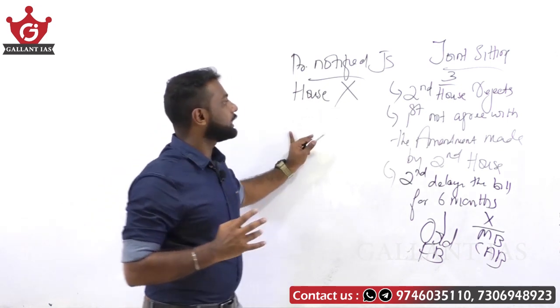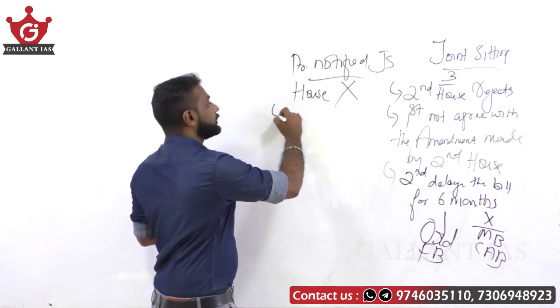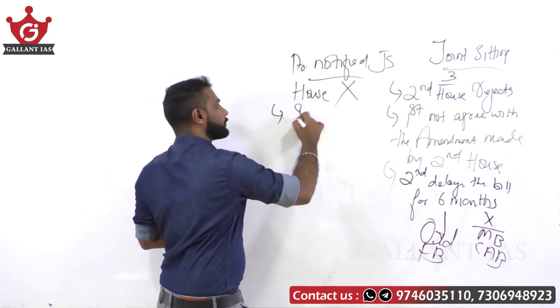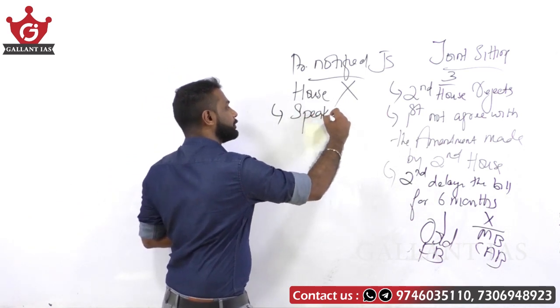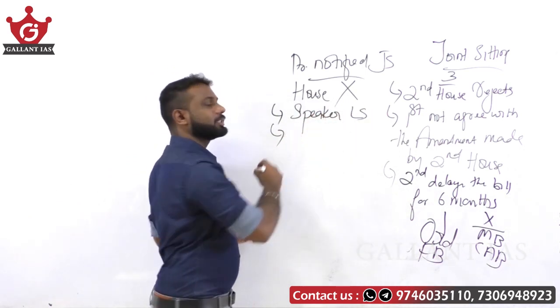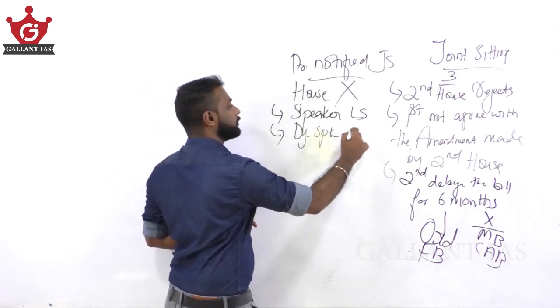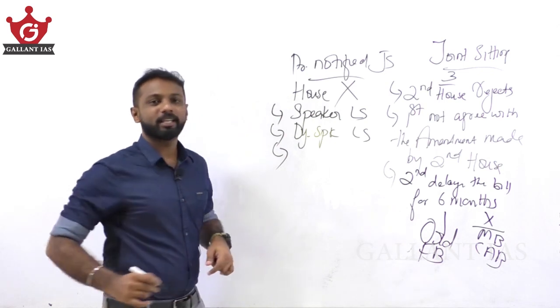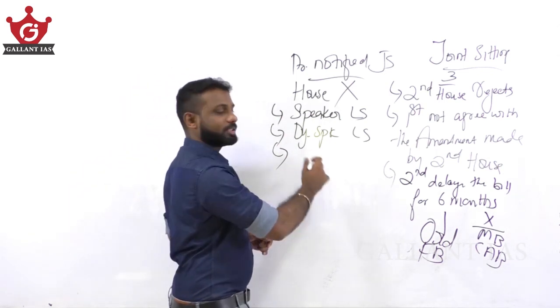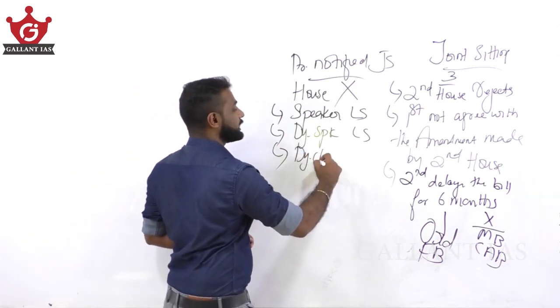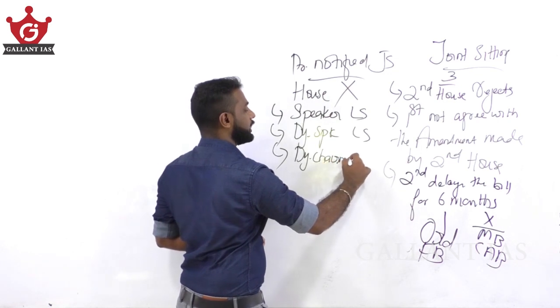As I said earlier, the joint sitting is presided over by the Speaker of Lok Sabha. In the Speaker's absence, it is presided over by the Deputy Speaker of Lok Sabha. In the Deputy Speaker's absence, it is presided over by the Deputy Chairman of Rajya Sabha.